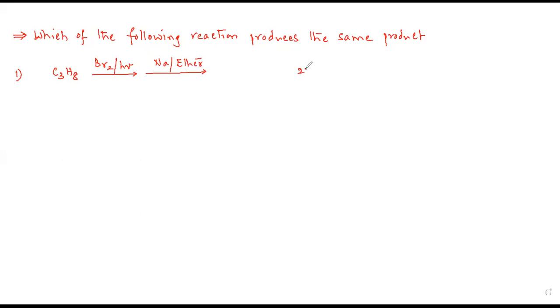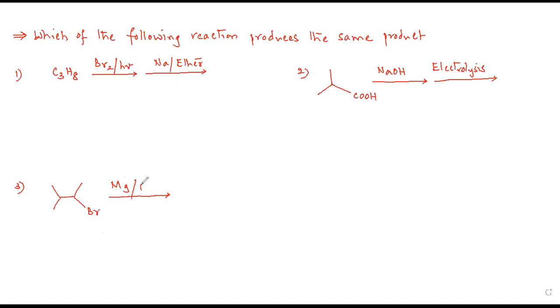First one. Then the second one is COOH with sodium hydroxide on electrolysis. Bromine with magnesium in ether, then with methyl bromide.